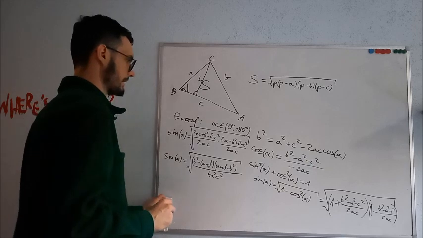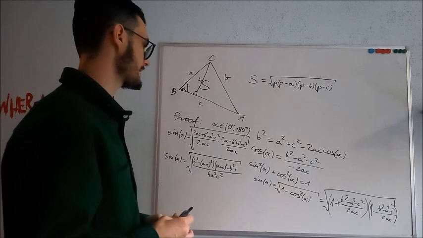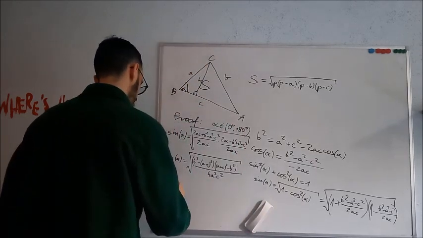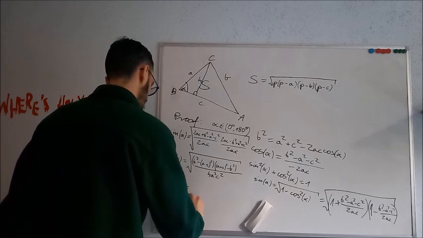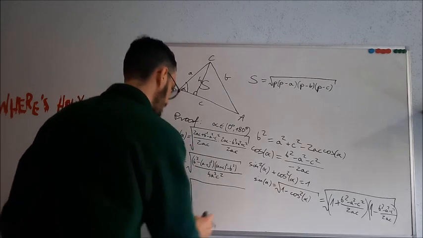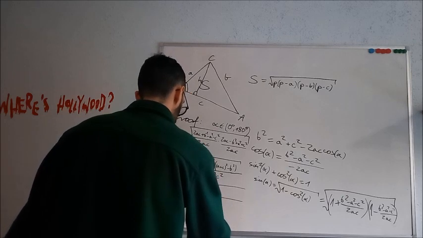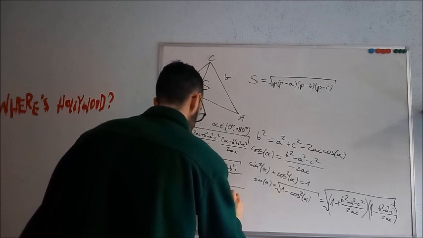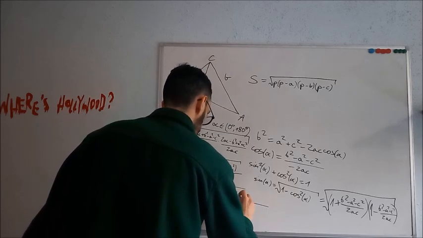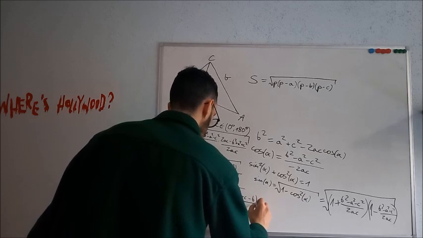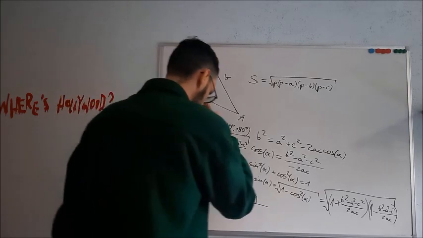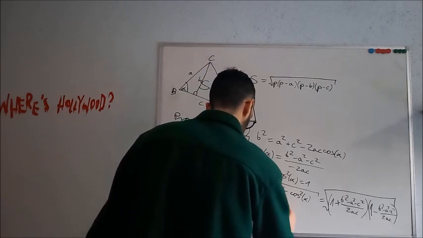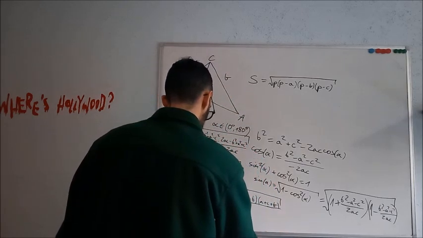Now let's use the formula for a difference of squares a second time. So we get sine alpha equal to the square root of (b minus a plus c) times (b plus a minus c) times (a plus c minus b) times (a plus c plus b), over 4a squared c squared.